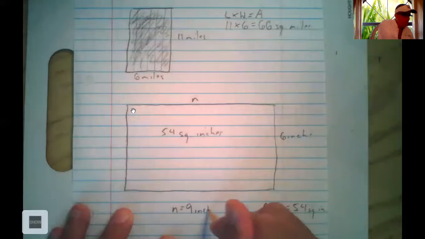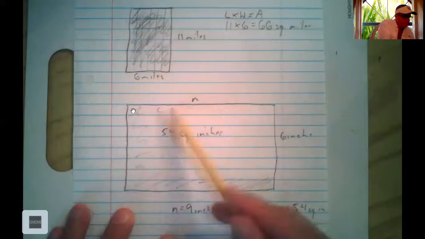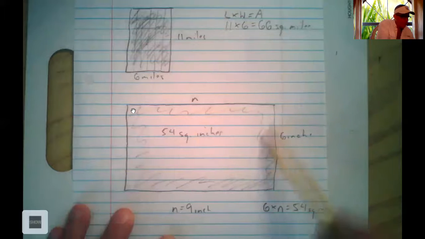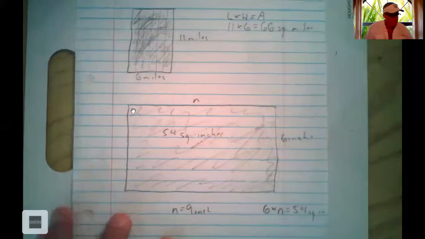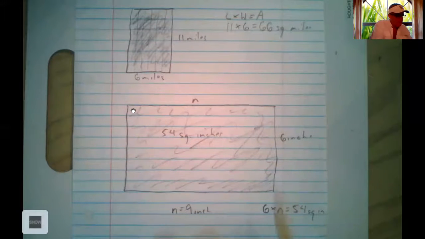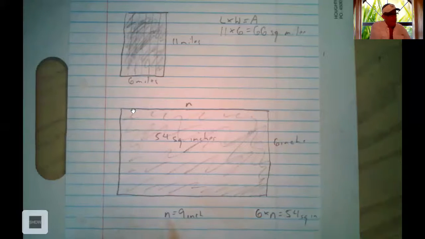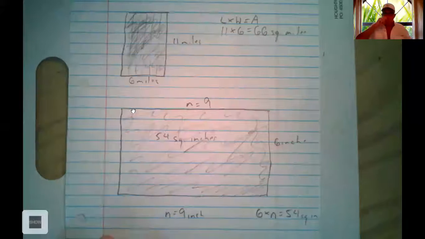We are not talking about all the area where our ants get to live. So we have length times width equals area. We have our length, we want to know our width, and the area is 54. We find that this side is 9 inches.